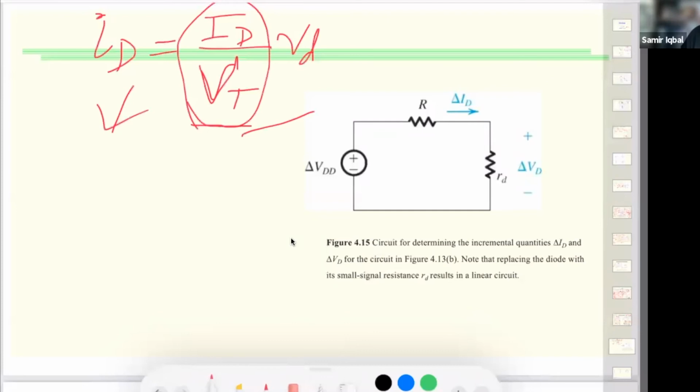And the reverse of this is the diode small signal resistance. So I just flip it and I get this guy. So whenever you have diode current, we can simplify the figure and our analysis just by using RD, the diode small signal resistance.